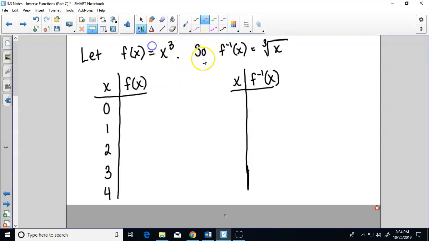So if I'm plugging x into f of x, 0 to the third is 0. 1 to the third is 1. 2 to the third is 8. 3 to the third is 27. 4 to the third is 64.